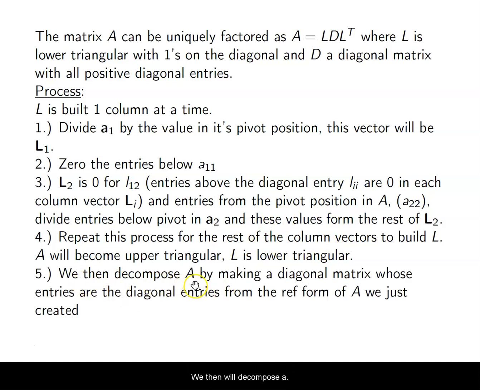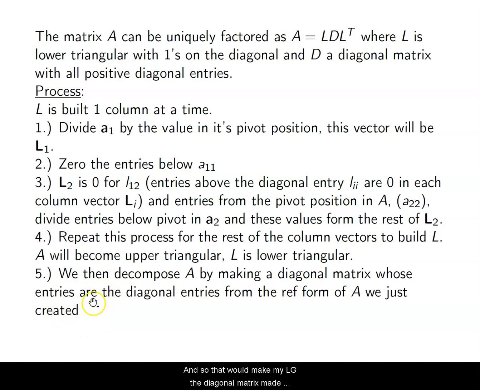We then will decompose A by taking those diagonal entries that are not 1, and I'll make those the diagonal entries for D. Okay, these will actually be the eigenvalues of A, and we can talk more about that, but obviously at this point you guys are pretty familiar that everything is pretty interconnected here in linear algebra.